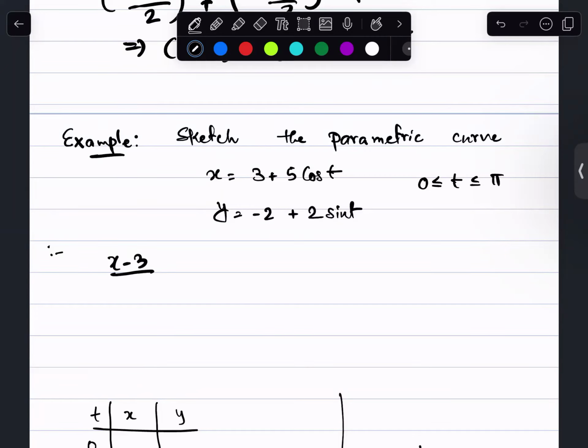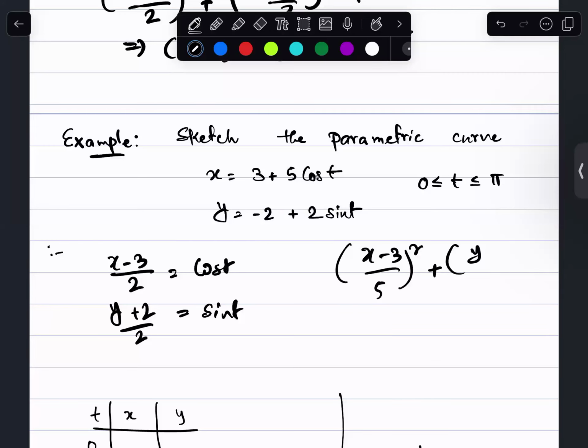Again, I'll get cosine t to be this, and sine t in terms of y, and then use the identity again, sine squared theta plus cosine squared theta is 1, to get back this equation. And by plain trigonometry, you might remember this is nothing but the equation of an ellipse.